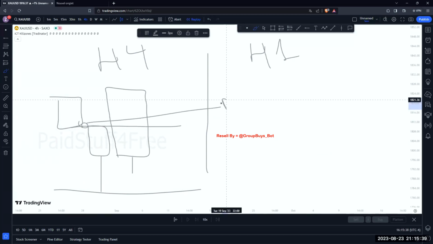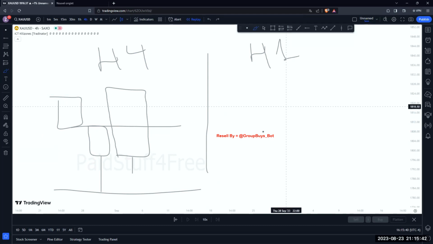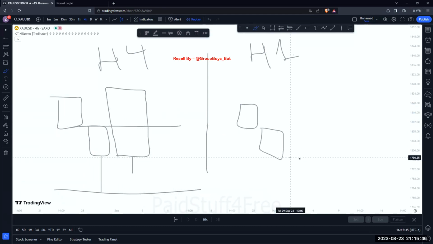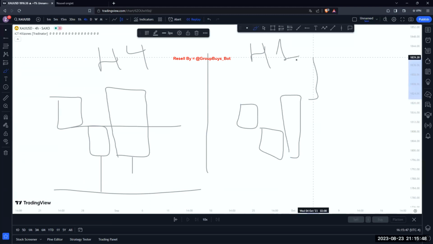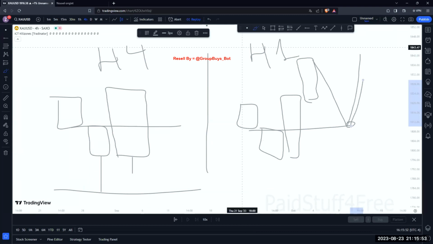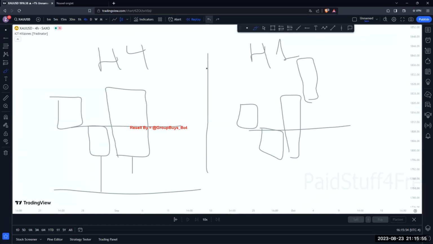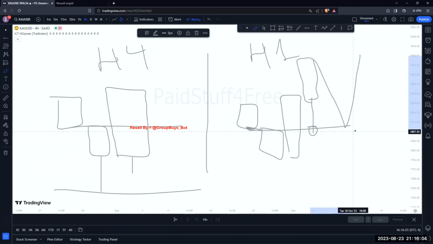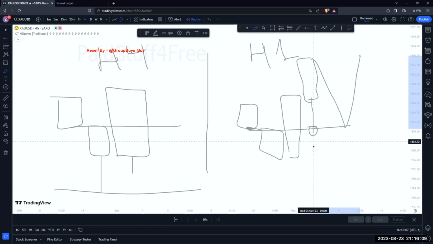If H1 looks something like this, you simply take it. But if this is touched once, do you still take it? Yes, you still take it, as long as it is touched only once by one wick.